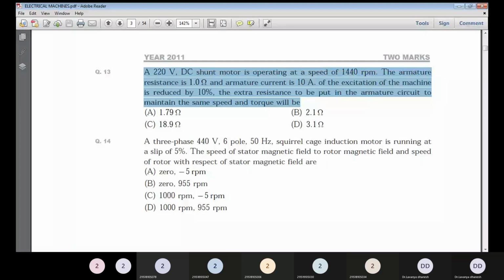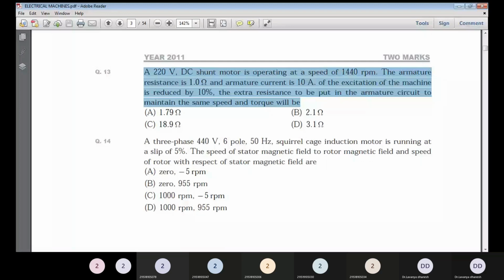So here we substitute. First we'll find the value of EB.